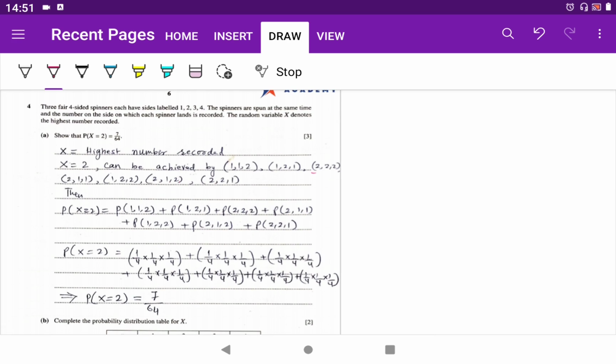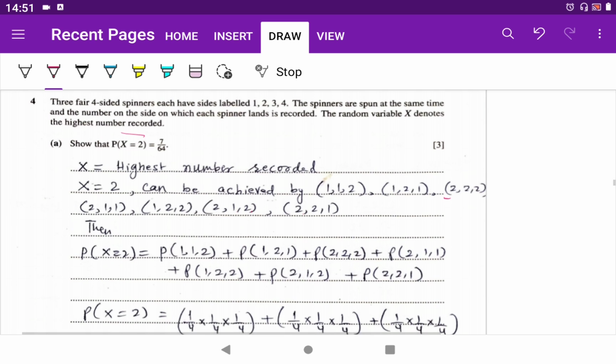So now question number 4. Three fair 4-sided spinners each have sides labelled 1, 2, 3, 4, and the spinners are spun at the same time, and the number on the side on which each spinner lands is recorded. The random variable x denotes the highest number recorded.